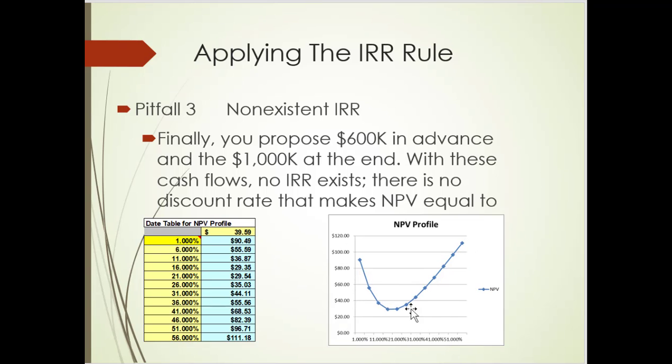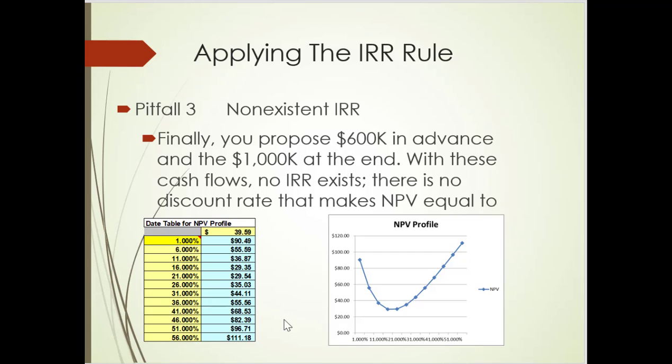So now we still have this cup-shaped thing, but you notice none of it is down at the zero axis. So there is no internal rate of return answer. There's a net present value answer. That's what this net present value profile tells us. But there is no zero net present value answer regardless of the discount rate.